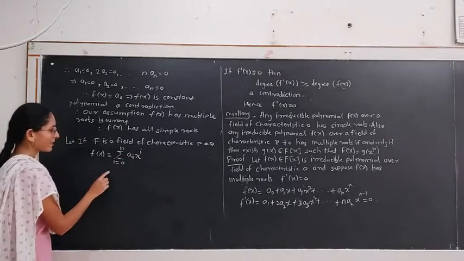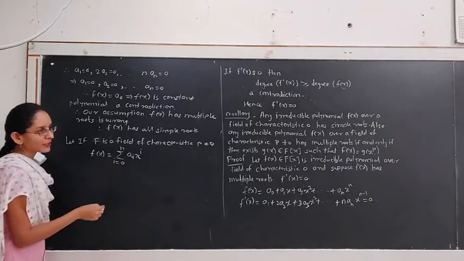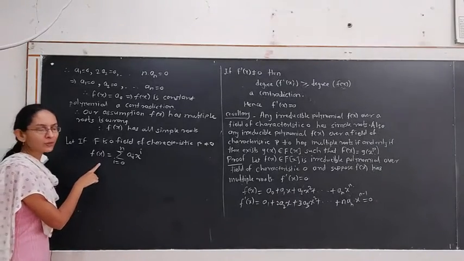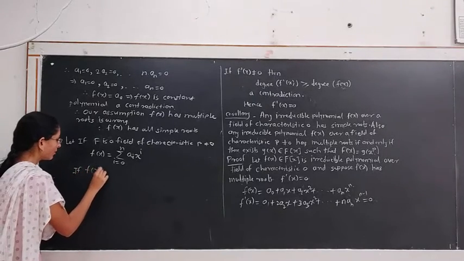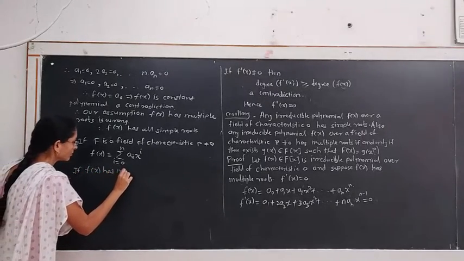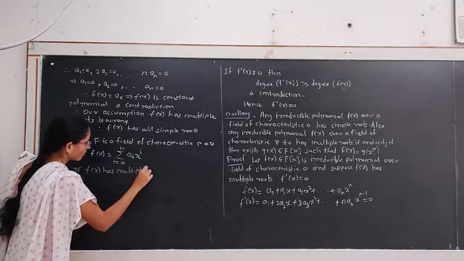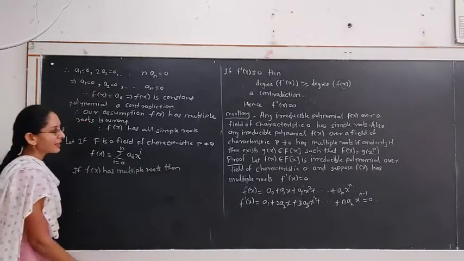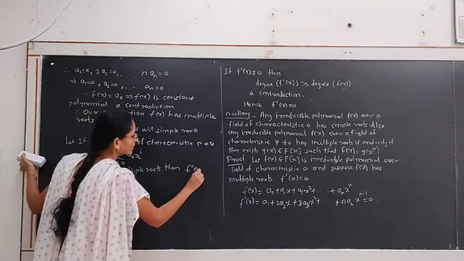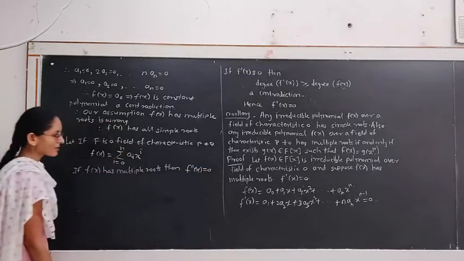This is the polynomial f(x). Suppose f(x) has multiple roots. Then by the previous theorem, f dash x is equal to 0. Its derivative takes the value 0.